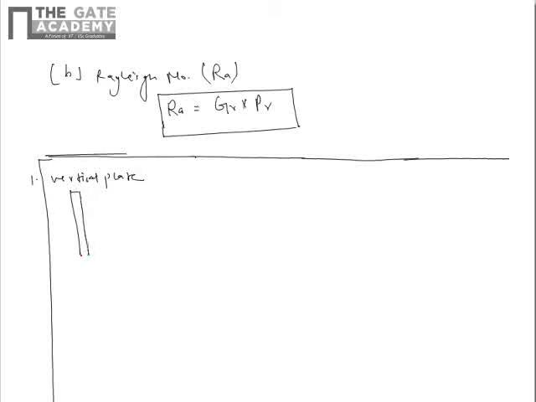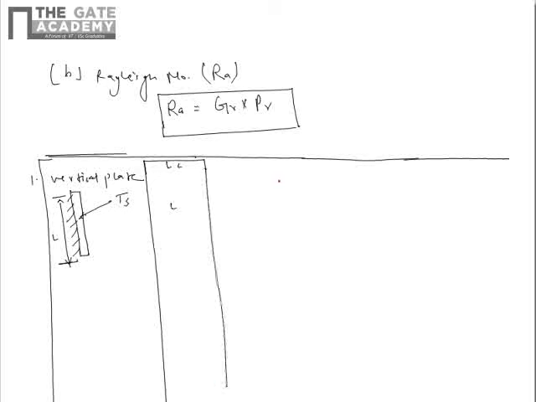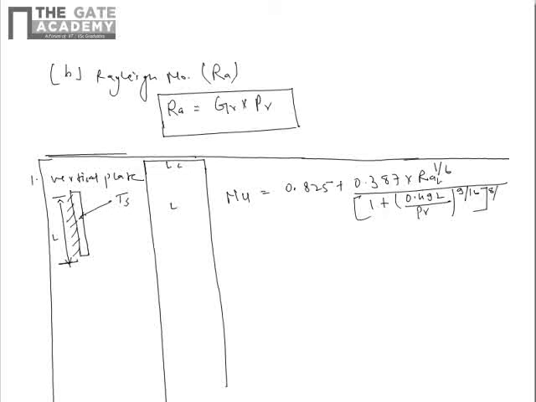This is our vertical plate and it is kept at a temperature Ts, and its length is L. Then its characteristic length Lc is nothing but L, and the Nusselt number Nu in this case is given as 0.825 plus 0.387 into Rayleigh to the power 1 by 6 upon (1 plus (0.492 upon Prandtl) to the power 9 by 16) whole to the power 8 by 27.